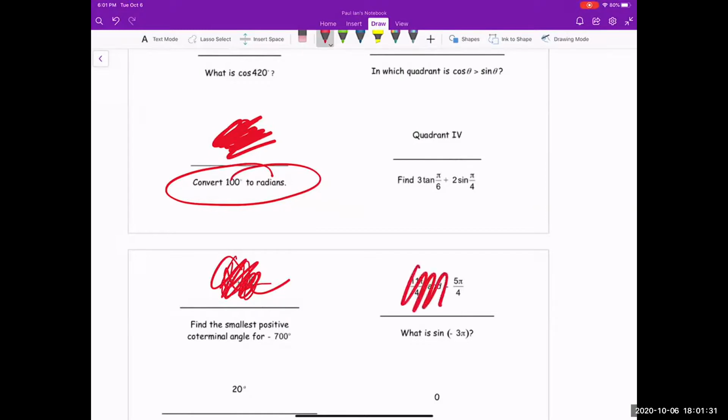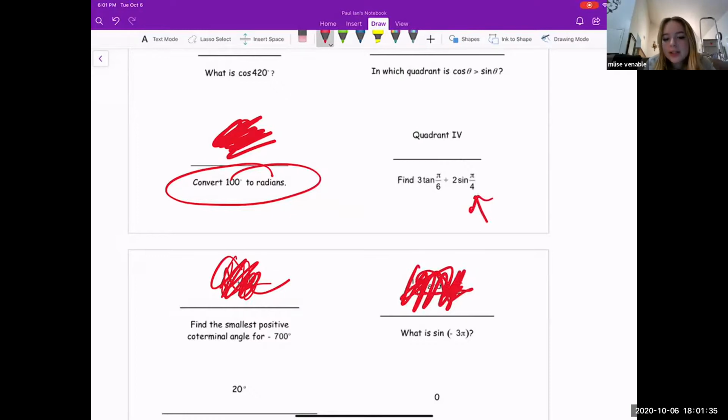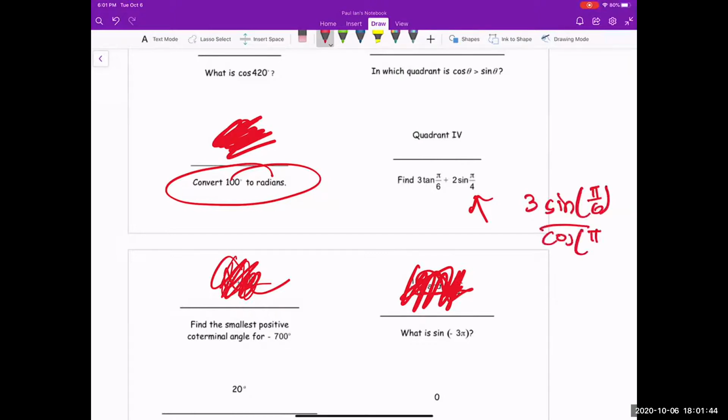Okay. What about this one? 3/10 of pi over 6, which would be like 3 pi over. Yeah, if you memorize it, okay. 2 sine pi over 4. Pi over 6. This is just a 30 degree, right?